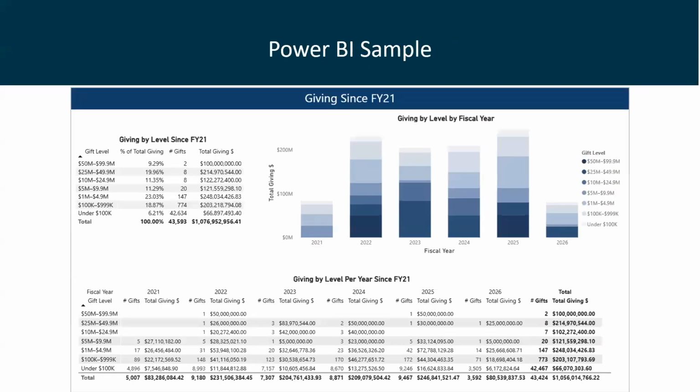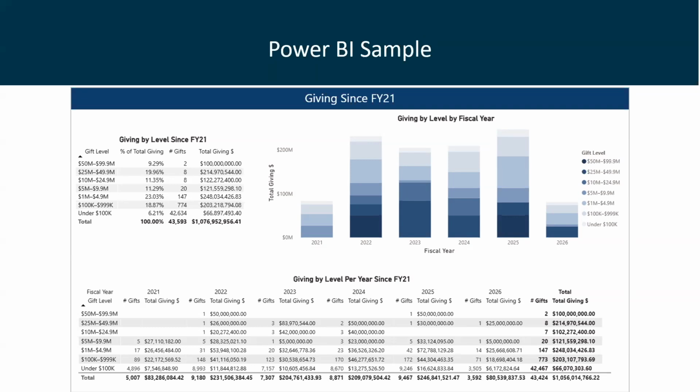So here's one. I have two samples of a Power BI sample. Now, neither of these are very chart or graph heavy. You can include things like heat maps. You can even include geographic maps, with information on them. I mean, if you can think of a type of chart or graph, Power BI can do it. But in this case, this is just giving since fiscal year 21.